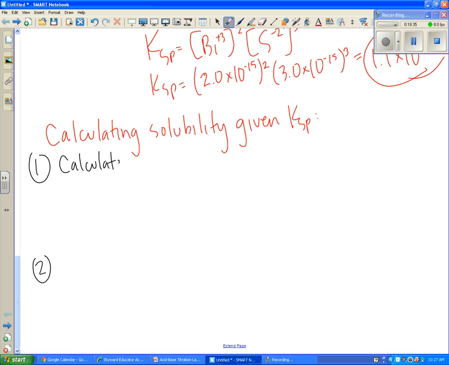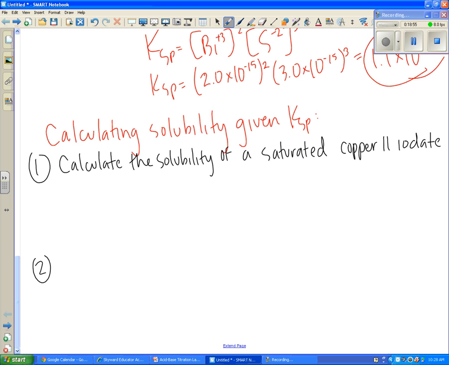Calculate the solubility of a saturated copper 2 iodate solution if KSP is 1.4 times 10 to the minus 7th.